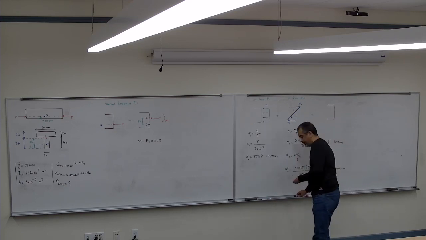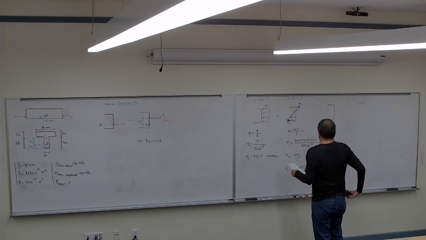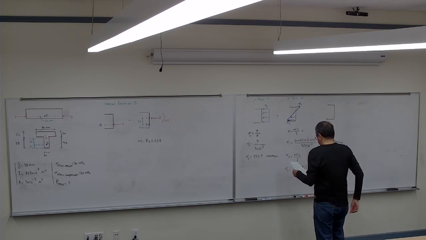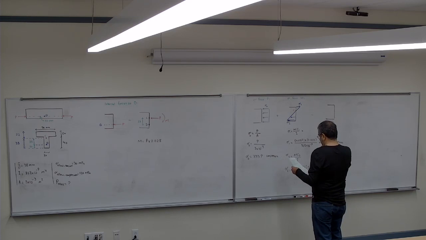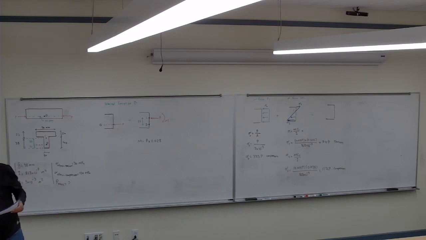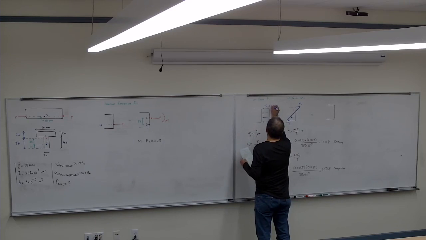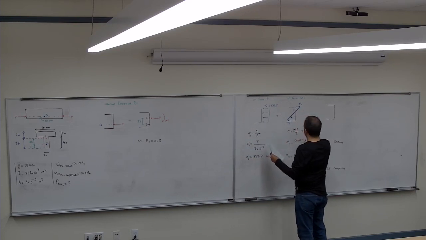So if I go ahead and draw them there, what I have is that this is going to be 333P, this one would be 710P, and this one would be 1226P.